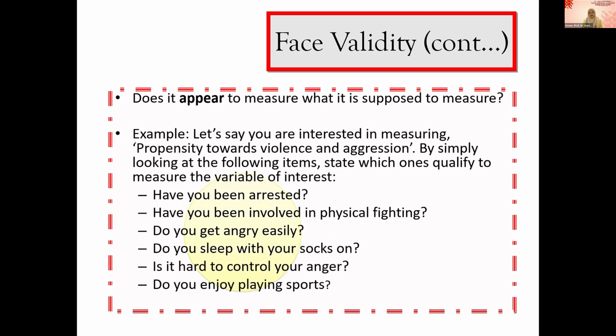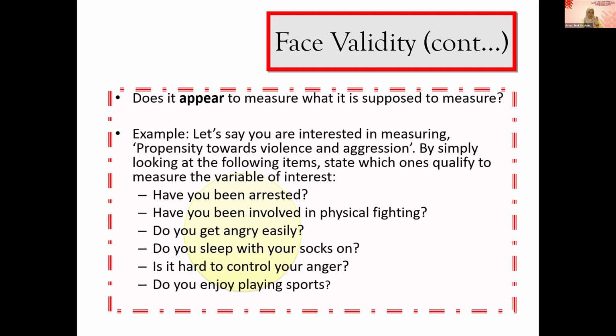Do you sleep with your socks on? Suddenly, can you see or not? Do you sleep with your socks on, which is actually not towards violence and aggression. So these are items that suddenly you missed out, which is not relevant. But this is supposed to be under the development, under the content itself.